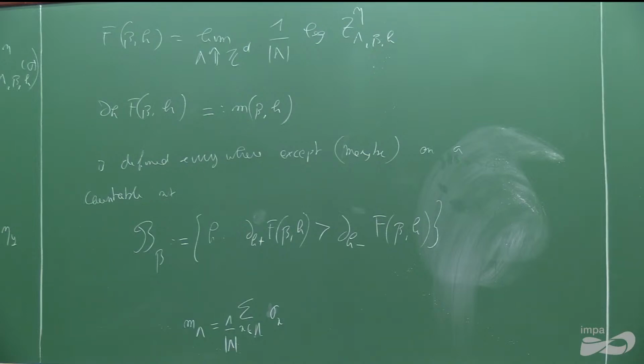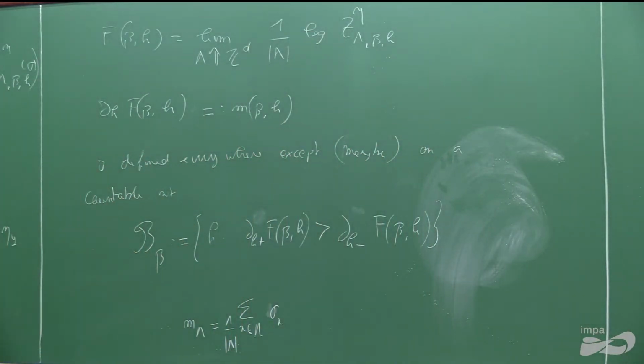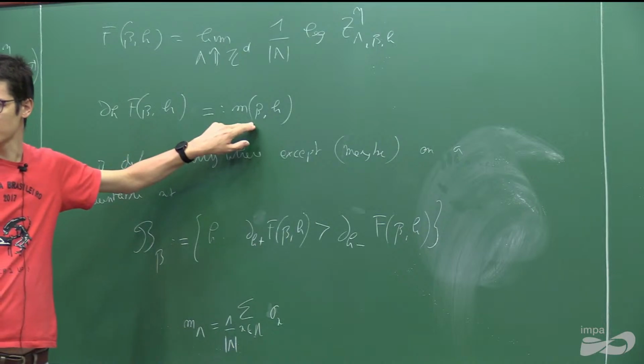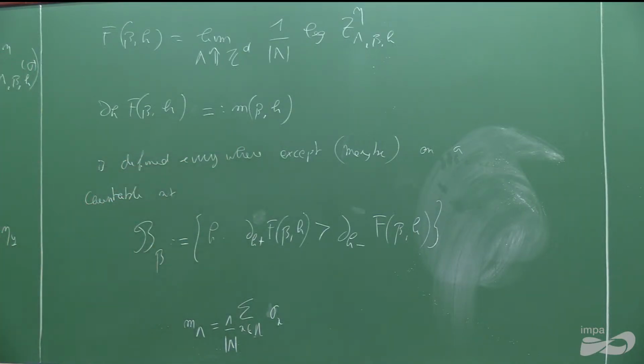And what we are going to show is that asymptotically, when Lambda tends to Z^d, this thing concentrates around its mean. We know that its mean converges to m(beta,h). This is what we have seen last time. Now we are going to show that, in fact, this random variable is always very close to its mean.